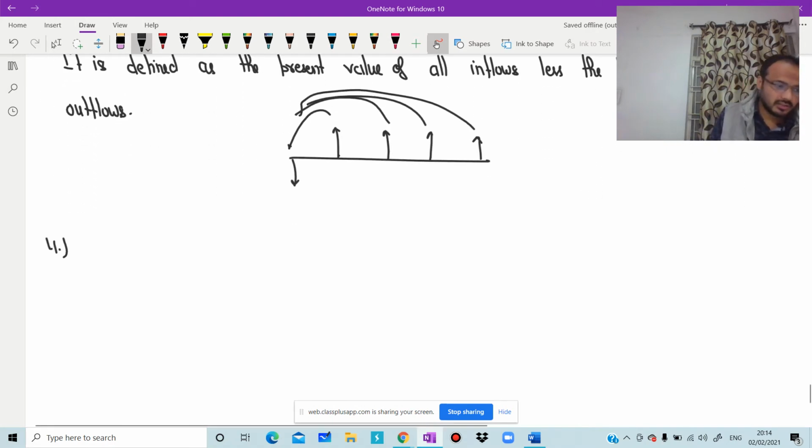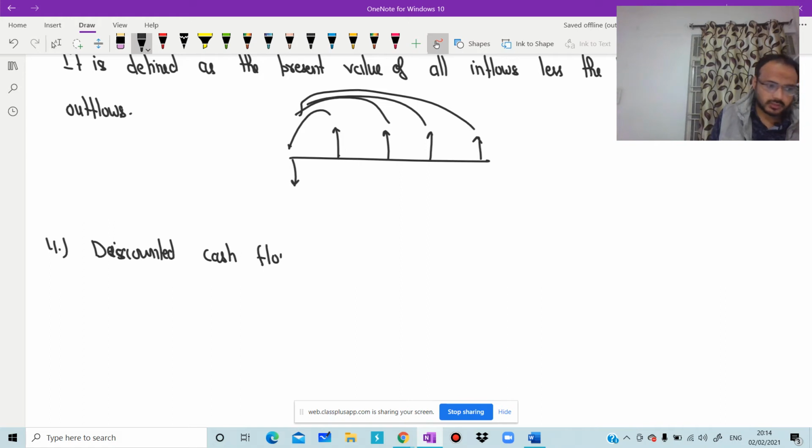And last is the discounted cash flow rate of return.